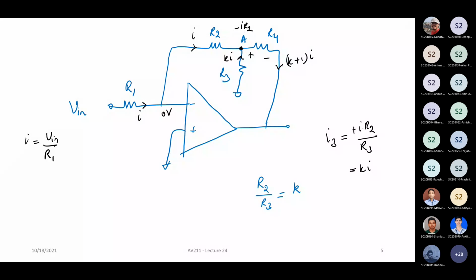So instead of using a 100 mega ohm resistor, which is impractical, you're using only 1 mega ohm resistors at the max, and R3 becomes a smaller value, but still you achieve the gain that you require, because you're providing an additional path for the current to flow, or rather you're making the current flow through an auxiliary path, which is through R3, giving you the ability to generate a larger output voltage. Okay, this is an intuitive understanding, so that you understand how it works.